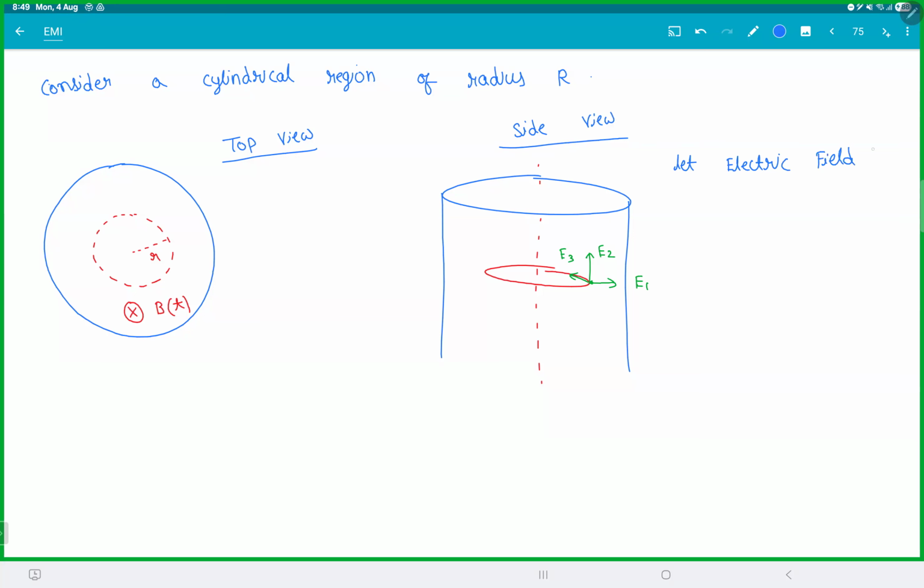Let the electric field have 3 components. In 2 dimensions, you need 2 perpendicular directions. In 3D, you need 3 directions. E1 is the radial direction away from the axis. E2 is parallel to the axis.